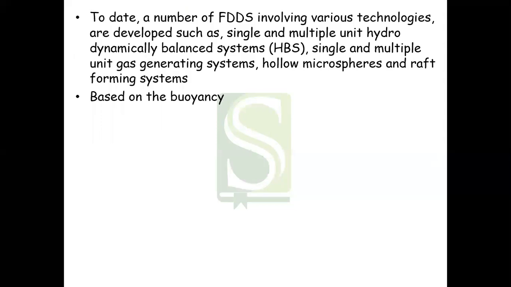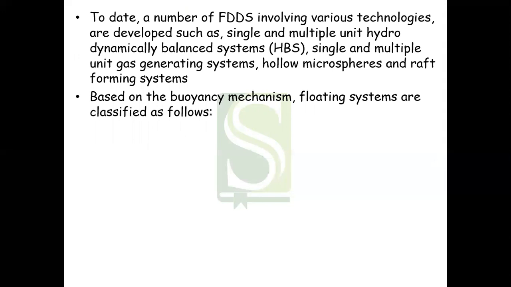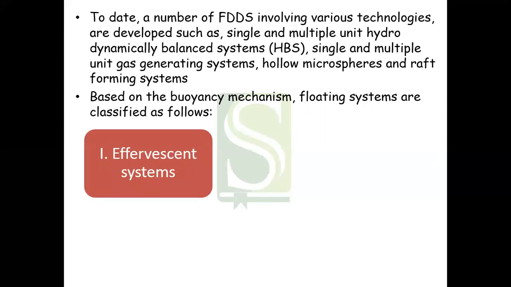To date, a number of floating systems involving various technologies have been developed, such as single and multiple unit hydrodynamically balanced systems, single and multiple unit gas generating systems, hollow microspheres, and raft forming systems. Based on the buoyancy mechanism, floating systems are classified into two types. The first class is the effervescent system.